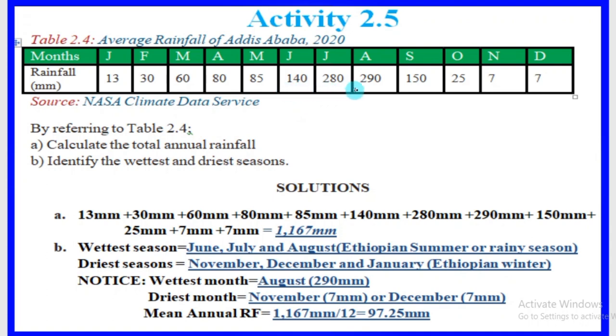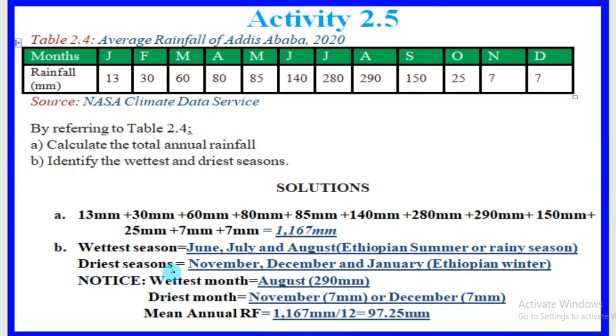These 3 months are summer months in Ethiopia, or these months are rainy season. So the wettest season, June, July, and August. June, July, and August are wettest season because these months are summer months.